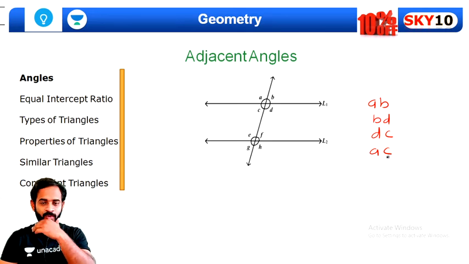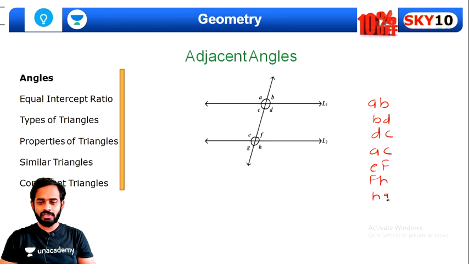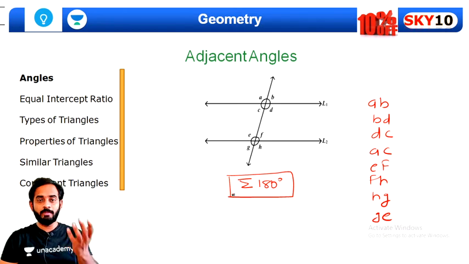Similarly, on line 2 we have EF, FH, HG and GE. So total 8 pairs we have for adjacent angles. And what is the property of adjacent angles? Their summation is always 180 degrees. Remember this part. For vertically opposite angles they are always equal, and for adjacent angles their summation is 180 degrees.